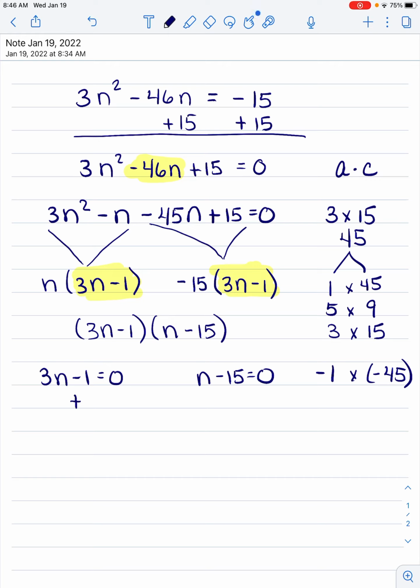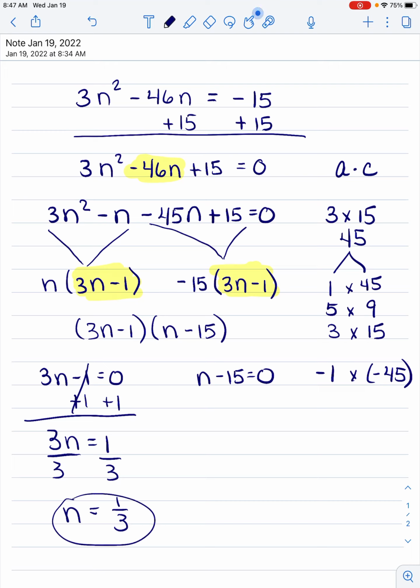So I have to add 1 to both sides over here, and I get 3n, this cancels out, equals 1, and I'm going to divide by 3. So I have n equals 1/3, and that's one of my solutions. And the other solution is going to be, I'm going to add 15 to both sides.